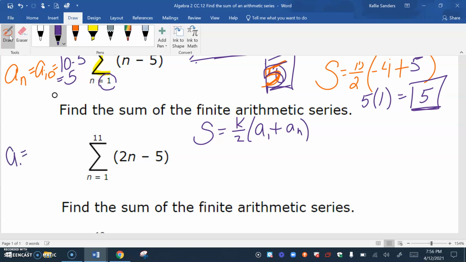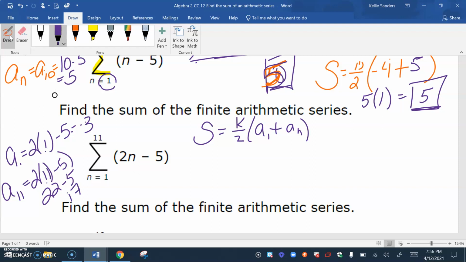A sub 1 is putting 1 into 2n minus 5, which is -3. A sub 11 is 2 times 11 minus 5. 22 minus 5 is 17.